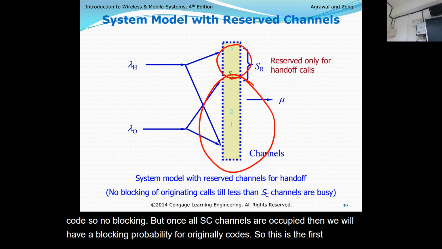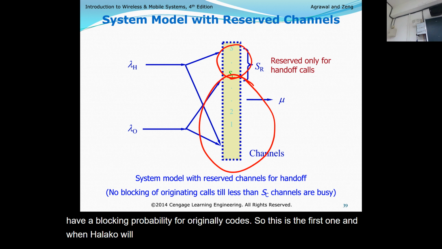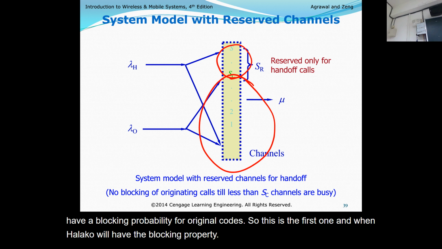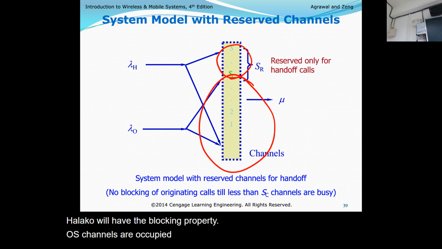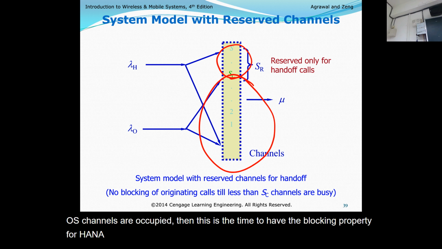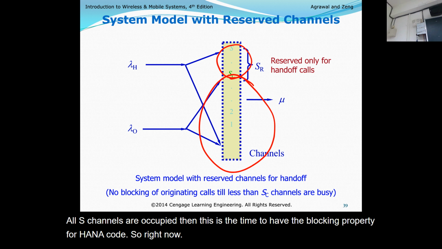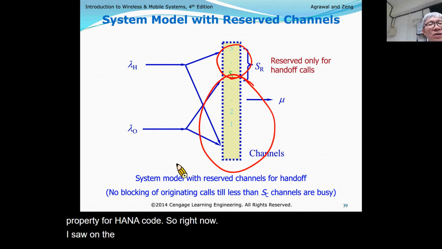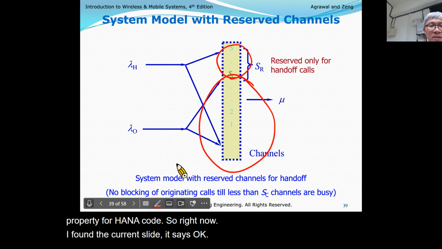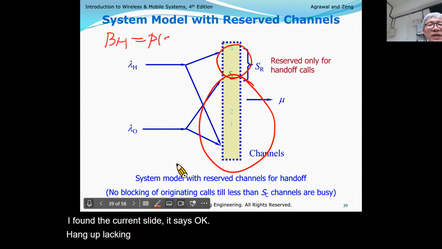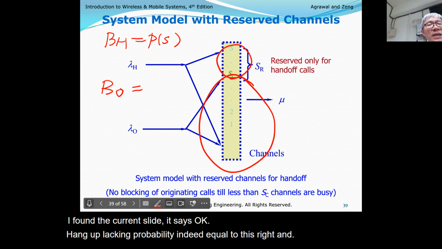And for a handoff code, when all S channels are occupied, this is the time to have the blocking probability for handoff code. So that's on the current slides. The handoff blocking probability is indeed equal to this, and the originating code blocking probability is equal to this.